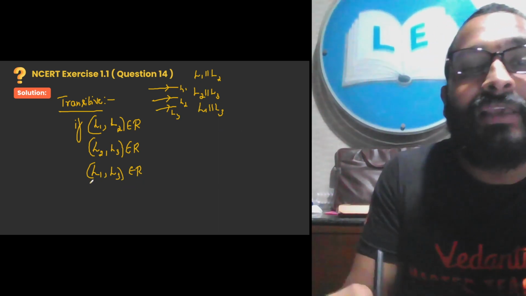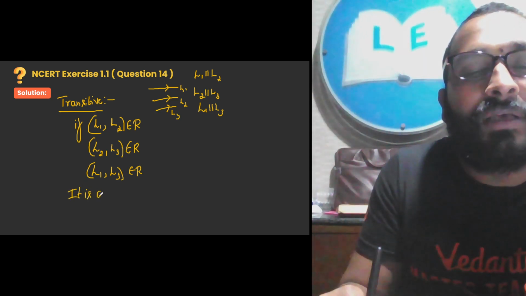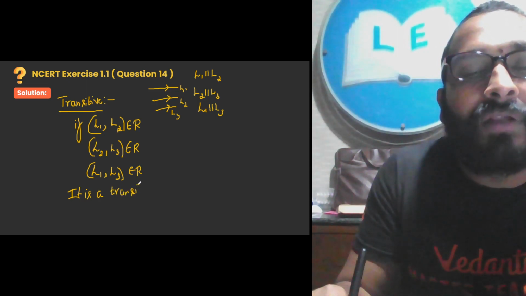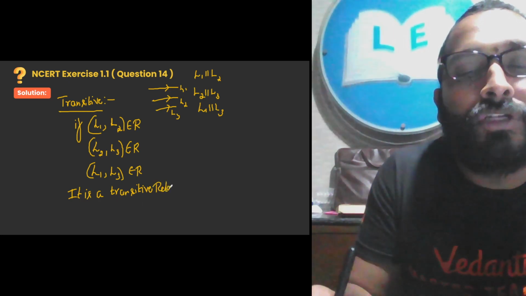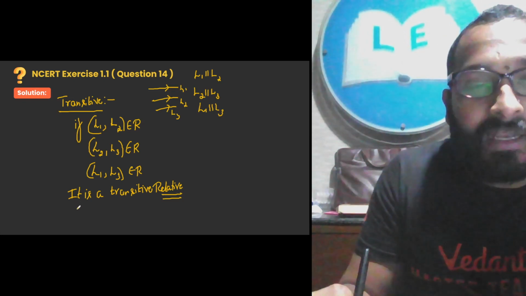Look at this. So what do you write? It is a transitive relation. If it is a transitive relation, children, try to understand. If it is a transitive relation, then what do we write? It is symmetric, correct?